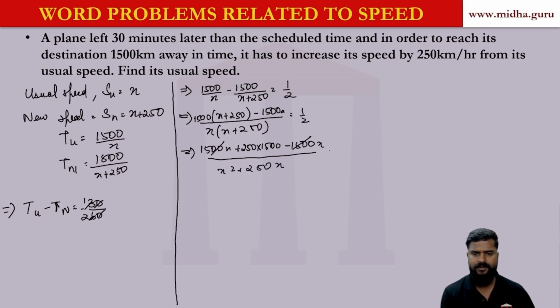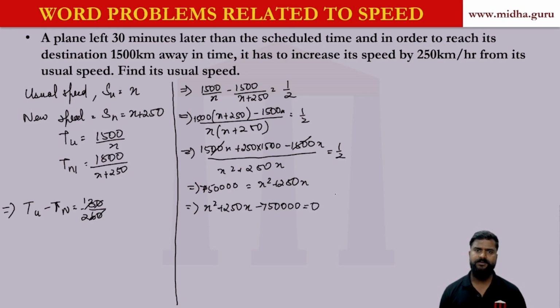This and this get cancelled out, and this is equal to 1 by 2. We multiply it, it becomes 500. 2 becomes here, and this is 500 into 1500, which will be 5 into 15 is 75, equal to x square plus 250 x. So we'll write x square plus 250 x minus 750,000 is equal to 0.